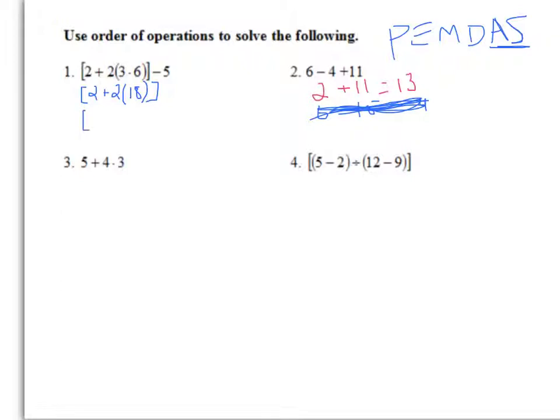So within the brackets, we have 2 plus 2 times 18, which is 36. So inside my brackets, I have 2 plus 36 minus 5. 2 plus 36 is the next order of operation we need to perform. 38 minus 5 gives me 33. Now go ahead and pause the video, and I'd like you to work 3 and 4. Those should be pretty simple problems.